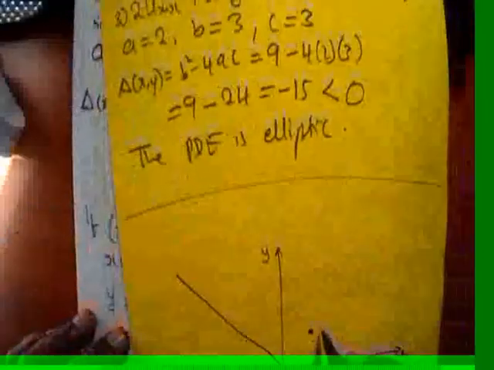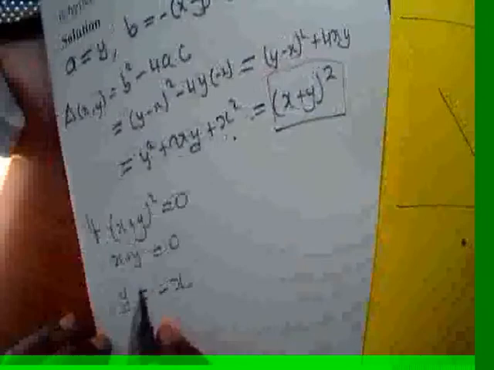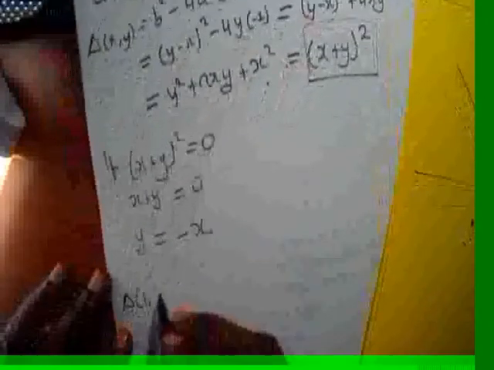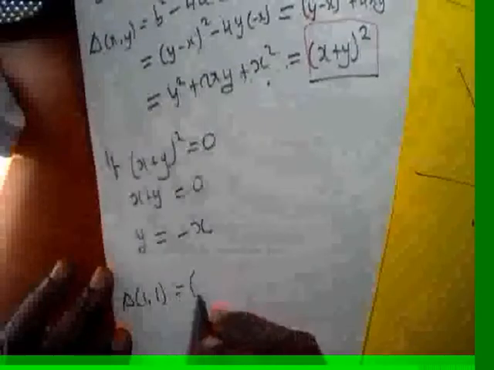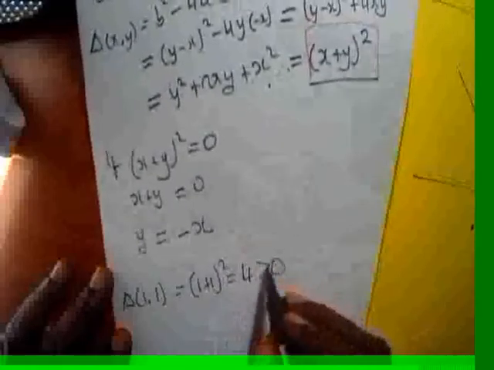So let me say I'm picking the point 1, 1, which is here. If you put it inside the discriminant, we're going to get 1 plus 1 squared, which is 4, and it's greater than 0.